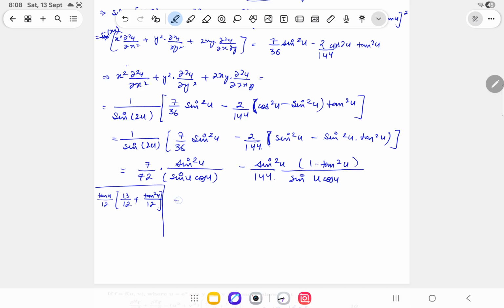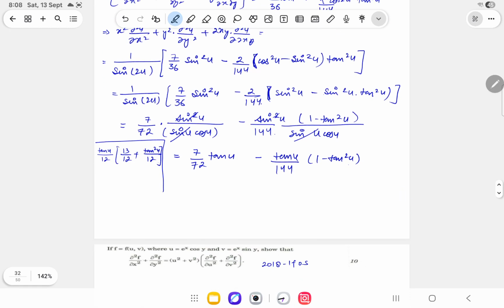So this thing will be basically equals to, sin u balances this one, so we'll get 7 by 72 into tan u minus tan u by 144 into 1 minus tan square u.